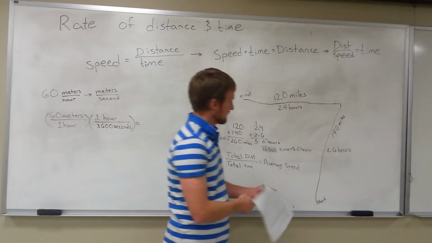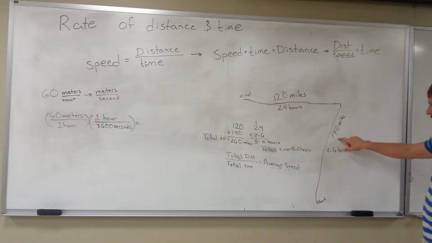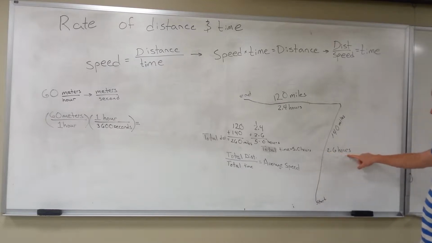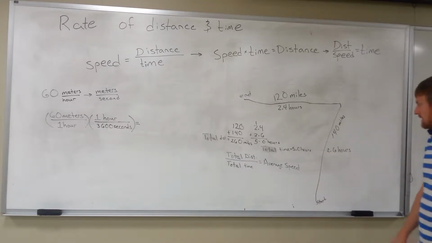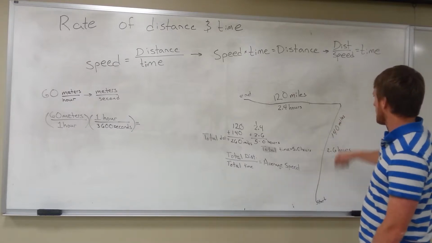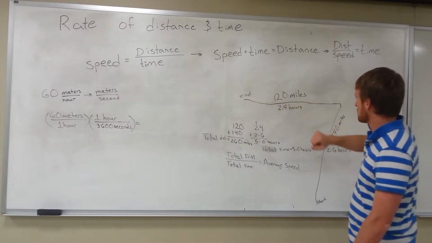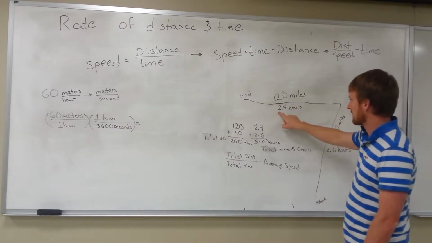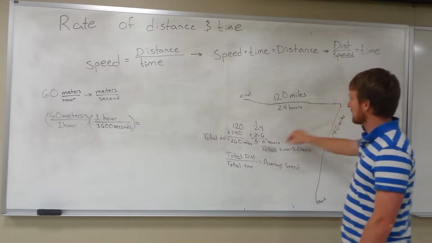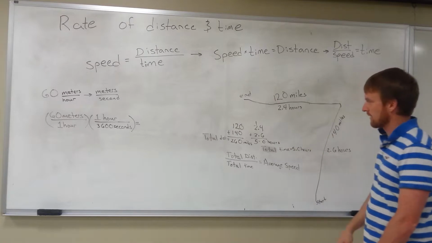The first leg, it's a little bit more squiggly than what I drew, was 140 miles over a period of 2.6 hours. The next leg, after he turns left, is 120 miles for a period of 2.4 hours.